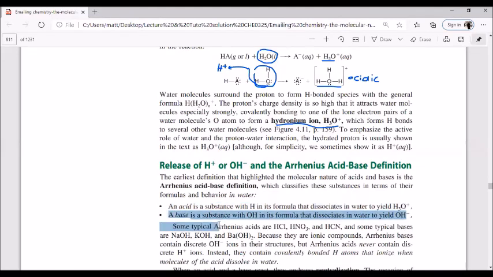For base, it must have hydroxide in its formula, for example sodium hydroxide, potassium hydroxide, barium hydroxide, magnesium hydroxide. Their hydroxide can dissociate from the molecule to form hydroxide ion.